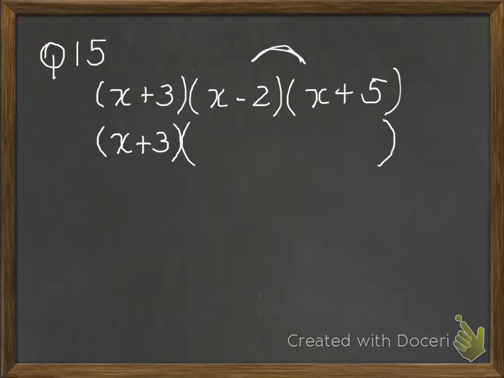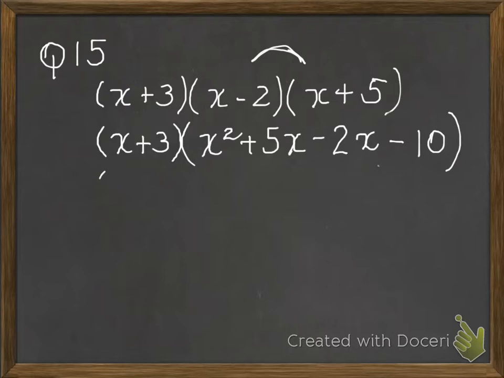So x times x is x squared. X times 5 is 5x. Minus 2 times x is minus 2x. Minus 2 times 5 is minus 10.